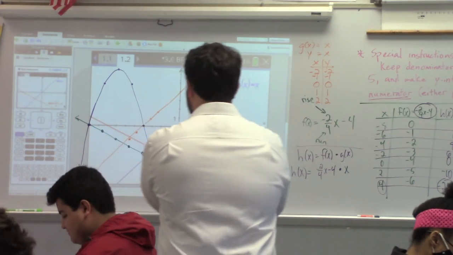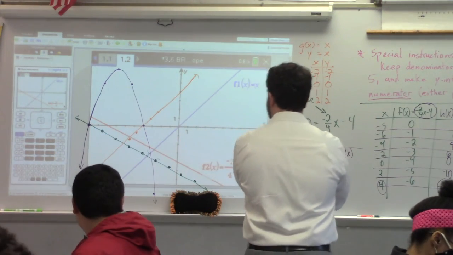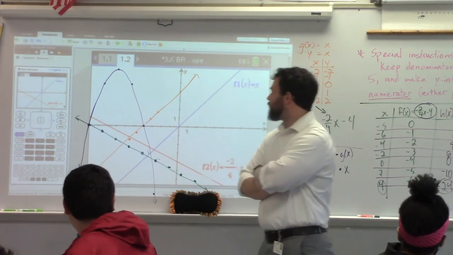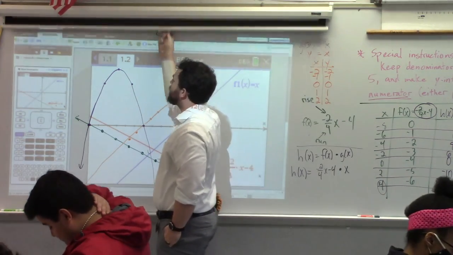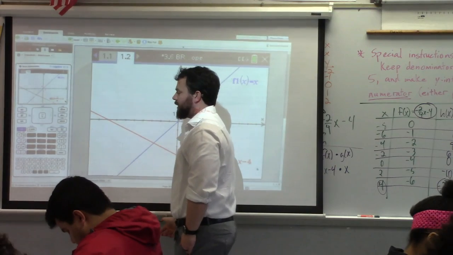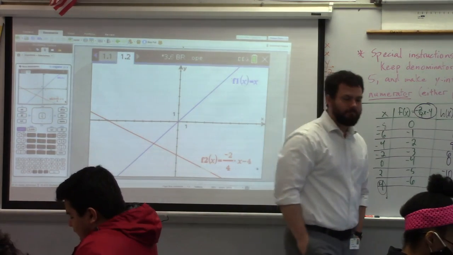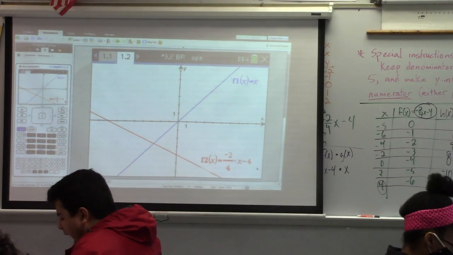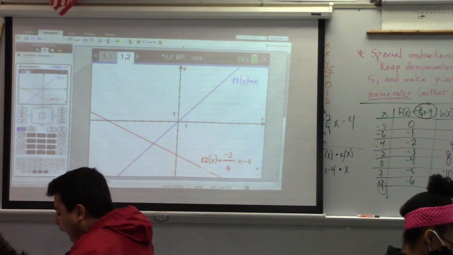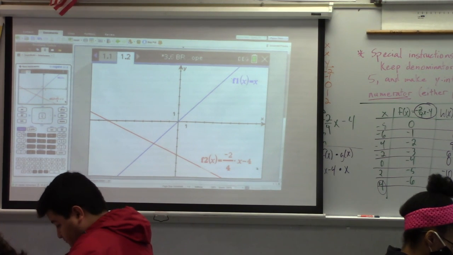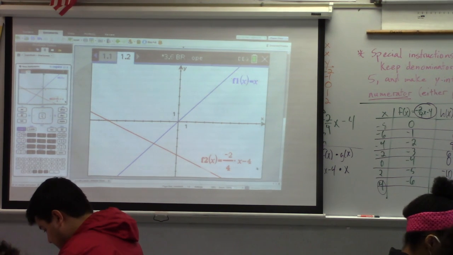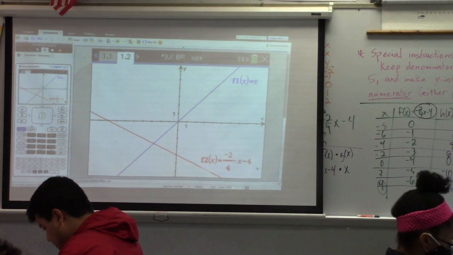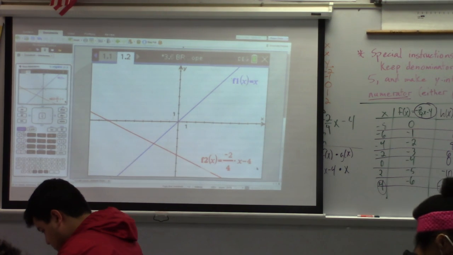Okay? Now, how do you get back to the equation? Well, what button can you always press? Menu. Now, before you type in your h of x, quick show of hands if you are done typing in both linear functions. Okay, get your 2 linear functions in there.